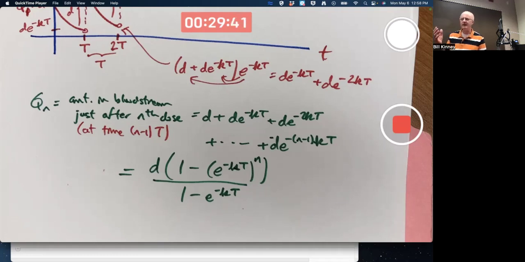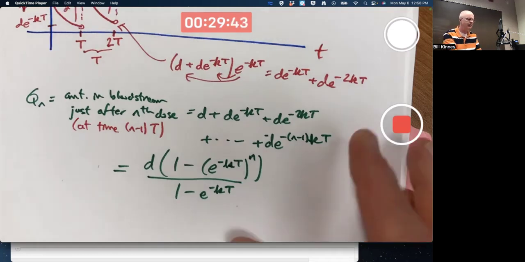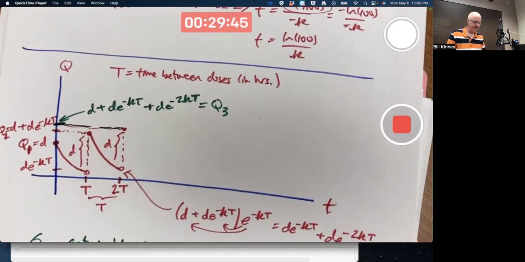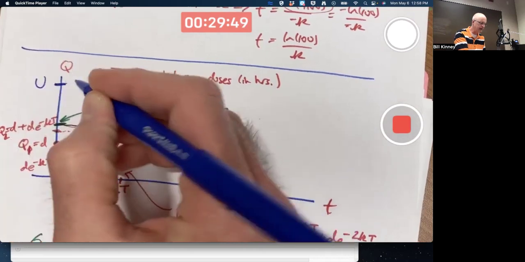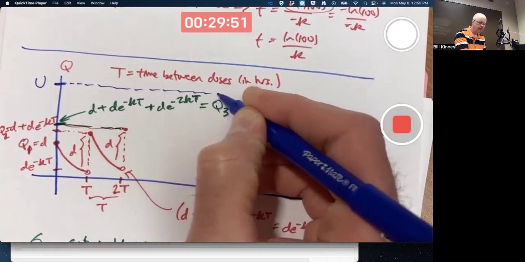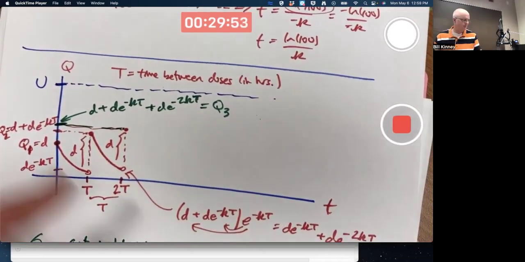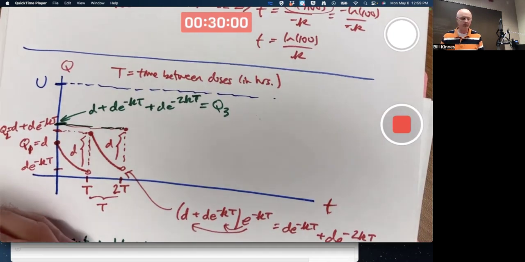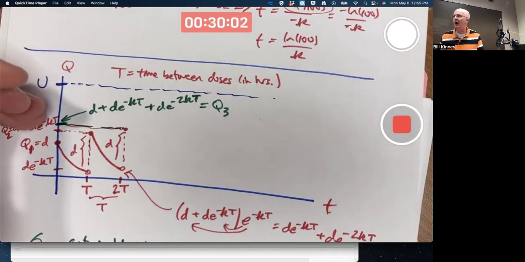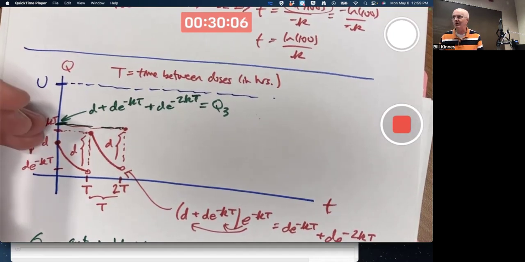Now remember, what are we ultimately interested in here? We're interested in knowing, do we stay below some upper limit U? That's where the drug gets toxic in your body. We'd like to for sure stay below U. Maybe we even want to stay below, I don't know, U minus 1 or U minus 2 to play it safe.